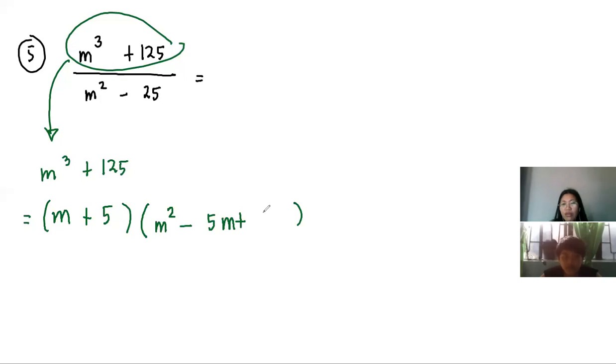Do you still remember, tinuruan kita yung 3, 9, 81. 4, 16, 64. 5, 25, 125. Dito na natin siya gagamitin. Okay? The squared and the cube root and the cube. So the answer here is m plus 5 multiplied to m squared minus 5m plus 25.